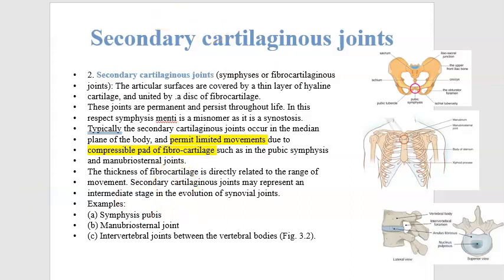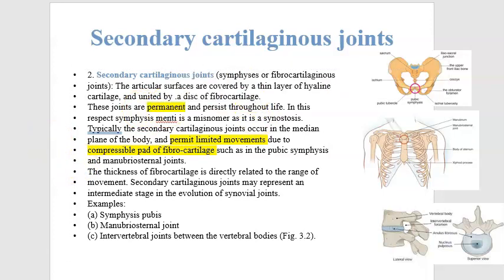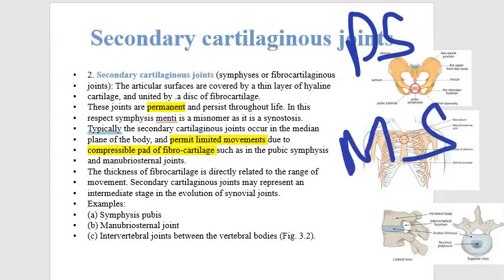Okay, what are the examples? These joints are permanent. Obviously, it's permanent only, right? So now the examples are the pubic symphysis, manubriosternal joint, and intervertebral joints between the vertebral bodies.